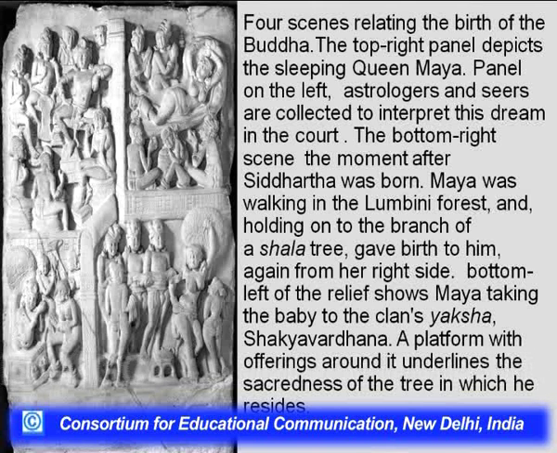The next panel, on the left of this, shows the interpretation of the dream by astrologers of the court, especially a sage called Ashita, who you can see here on the bottom, and you can see Queen Maya as well as her husband, the father of Buddha, King Shuddhodhana, on the throne.